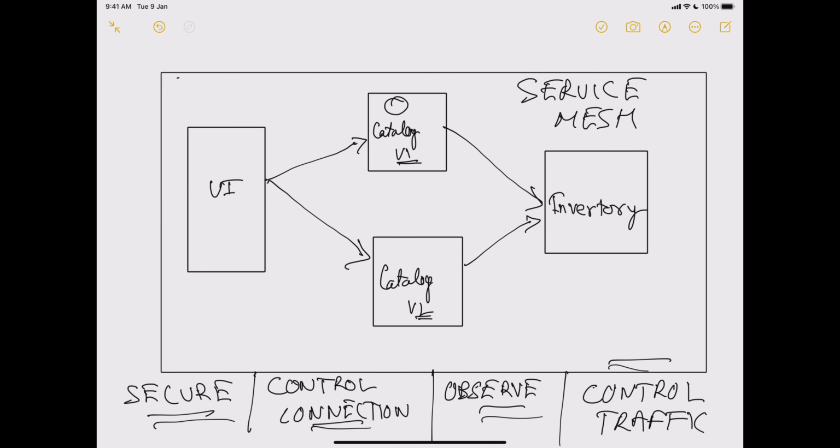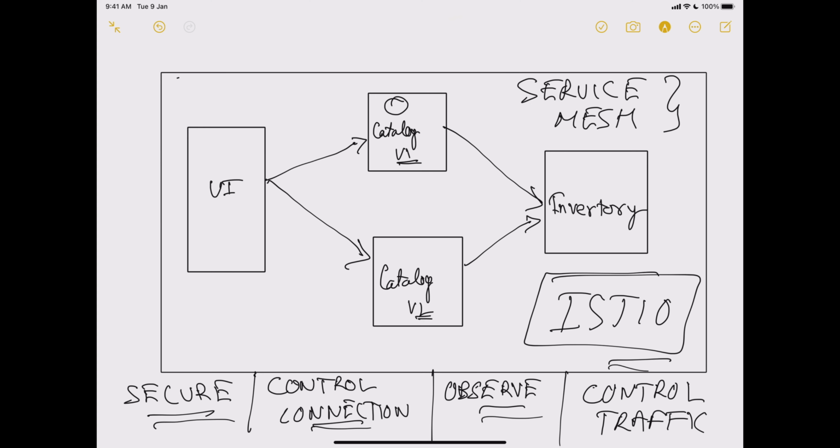Now let's see how service mesh does that. In our case, we are going to look at Istio. Istio is an implementation of the paradigm called service mesh. So service mesh is basically a concept, and the implementation of that paradigm is Istio. So we will take a look at how Istio helps.